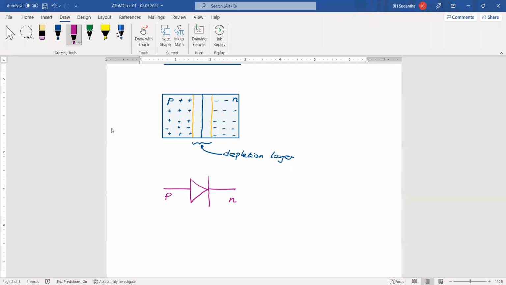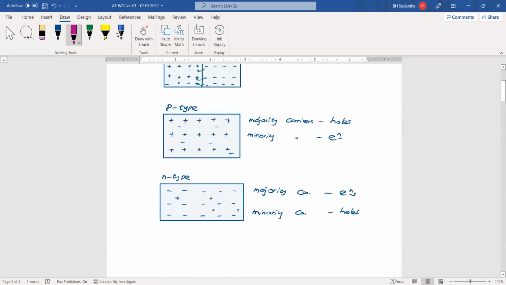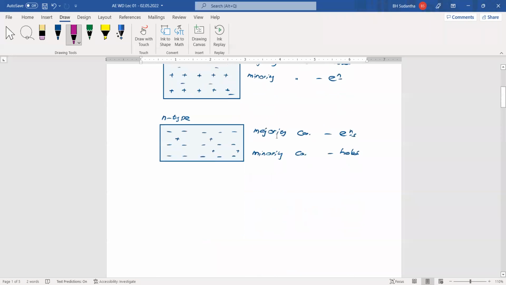The simple idea is that the arrow shows the current can go in one direction, but it is stopped by a certain kind of barrier. Actually, that barrier is this depletion layer. Now this is the formation of the PN junction, and different materials can be used to make p-type and n-type semiconductors.